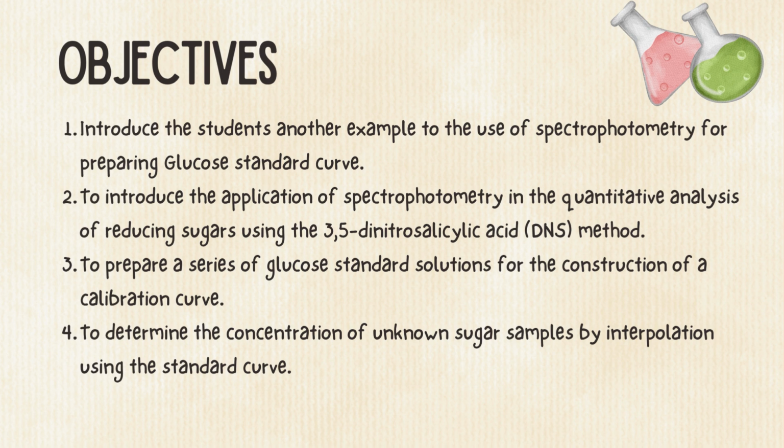Third, to guide students in preparing a series of glucose standard solutions, which are used to construct a calibration curve. And finally, to determine the concentration of a known sugar sample by interpolation using the absorbance values plotted on the standard curve.